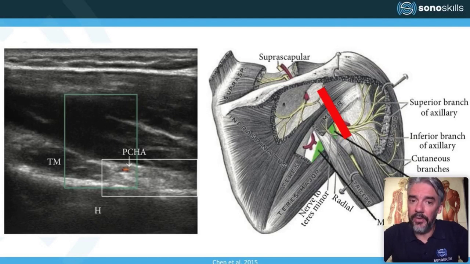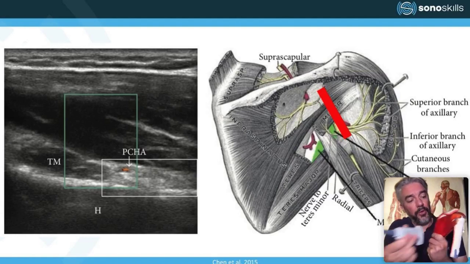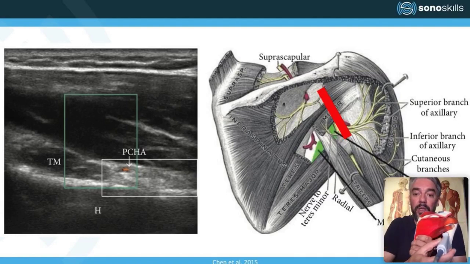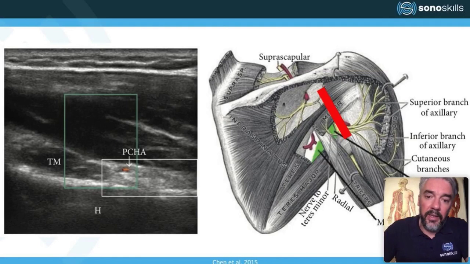And where do we place the transducer? We're going to place the transducer, let's say roughly here, on the boundary between teres minor and the triceps muscles. And there we have this opening within the quadrilateral space with this neurovascular bundle popping out.